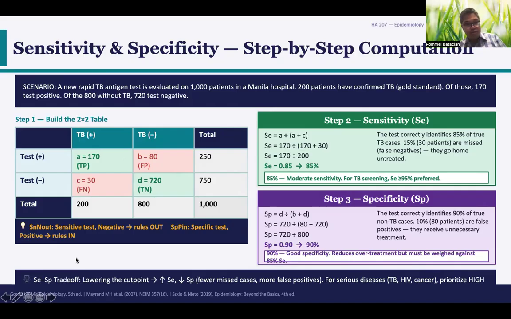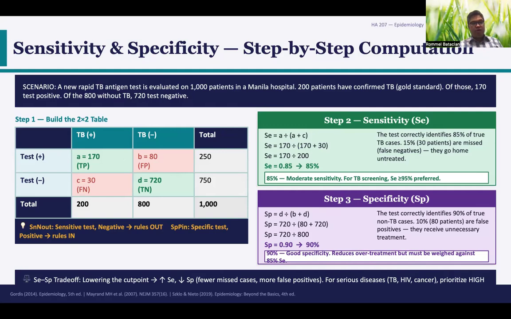So a concept that I would also discuss here would be the sensitivity-specificity trade-off. Here is a fundamental insight of evaluating diagnostic tests: you cannot maximize both specificity and sensitivity with a single cut point.